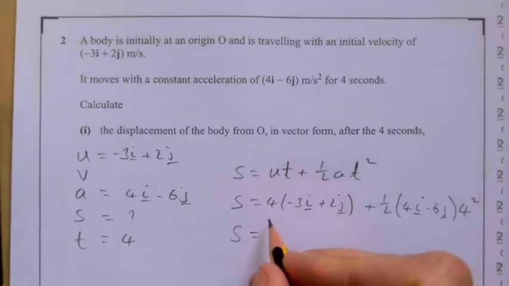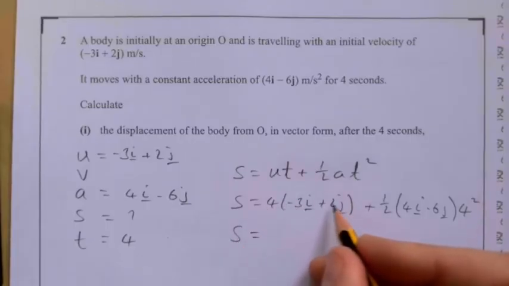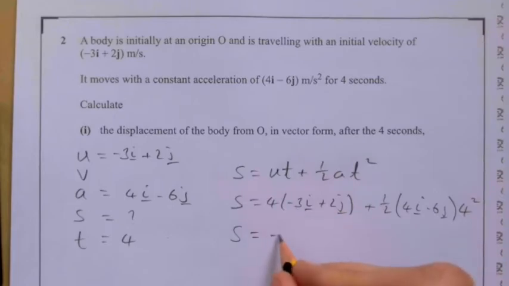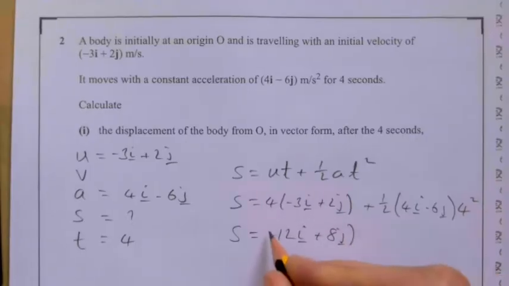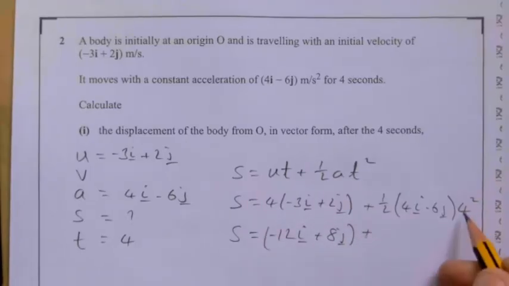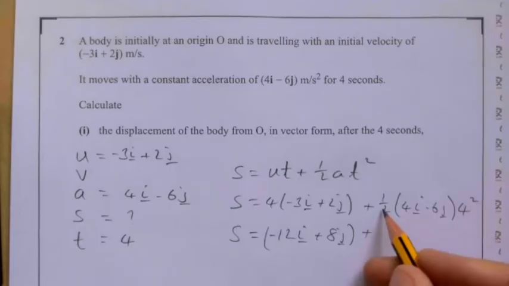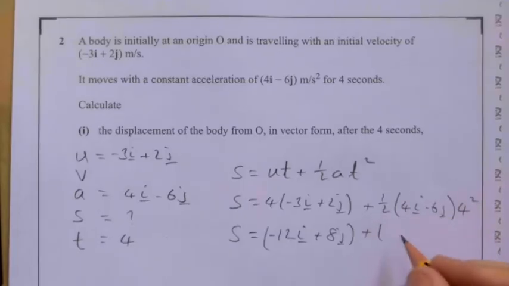So we are going to have, let me see, timesing this through by 4 is minus 12i plus 8j. And what about timesing this through? That's a 4 squared, so that's a 16, and then half of that. So I'm just going to times through this one by 8. So it's going to be 32i minus 48j.